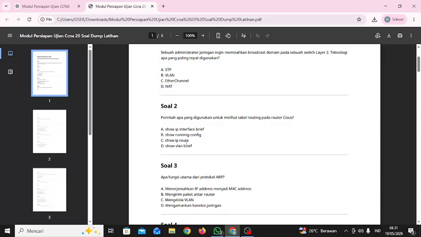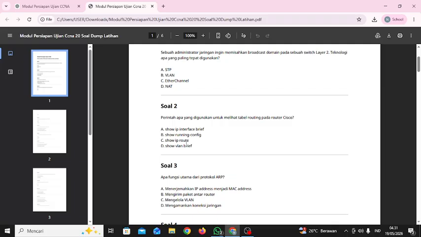The command show IP route is used to display the routing table on a Cisco device. The routing table contains information such as connected routes, static routes, dynamic routing protocol routes, and default routes.